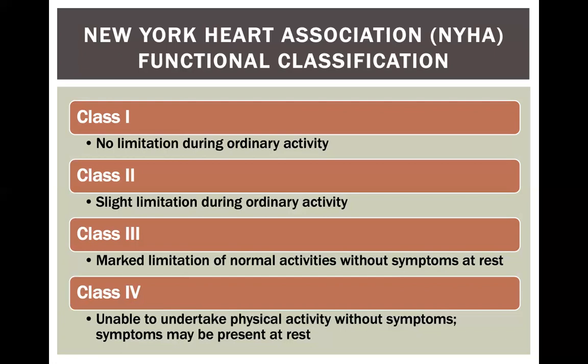Class 3, marked limitation of normal activities but without symptoms at rest. And class 4 means that the patients are unable to undertake physical activity without symptoms, and symptoms may present even at rest.